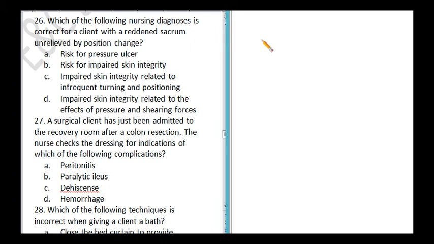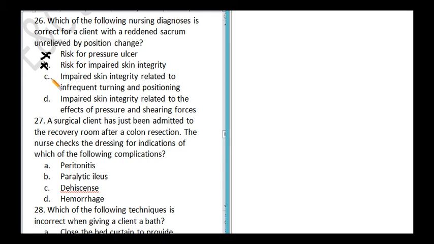Therefore, no matter how you position the client, the red sacrum still exists, which indicates a first degree or the first stage of the development of pressure ulcer or bed sores. Therefore, this reddened sacrum unrelieved by position already indicates an actual impairment in the skin. Therefore, let's eliminate A and B because, like I said, there's already an actual problem. So that leaves us only two options, C or D.